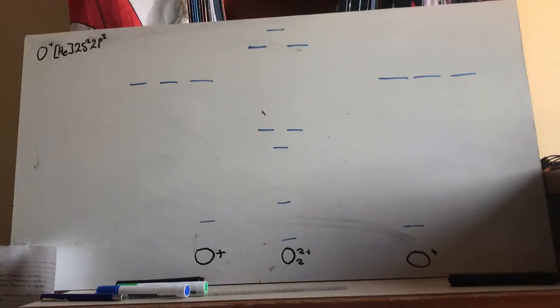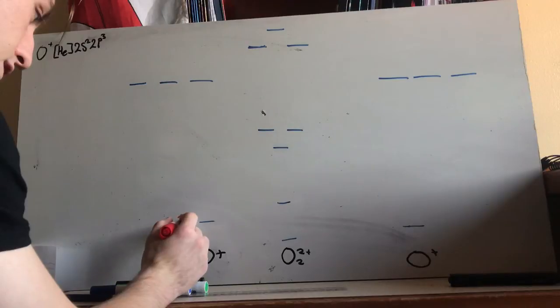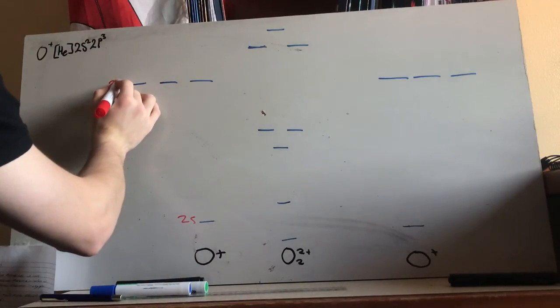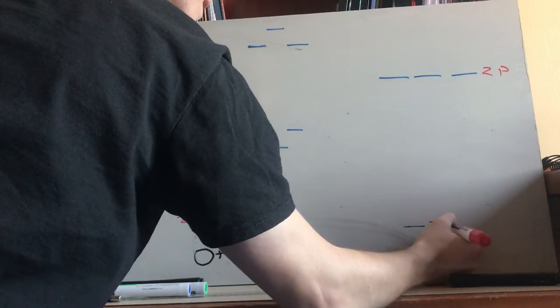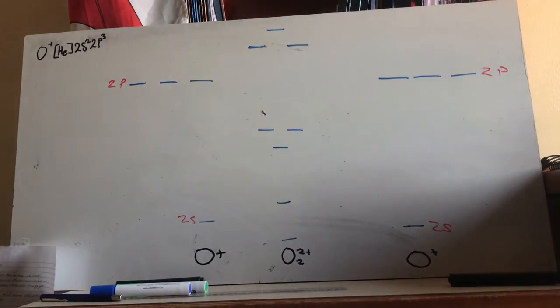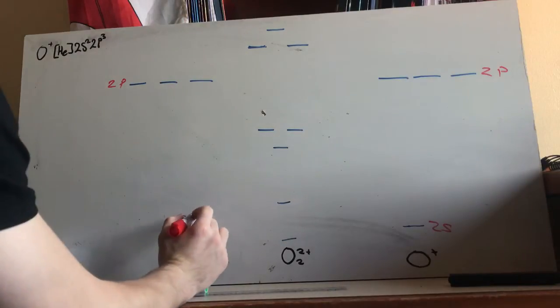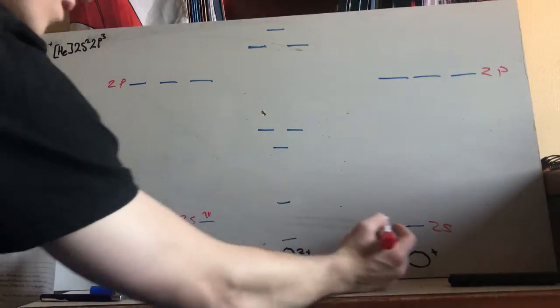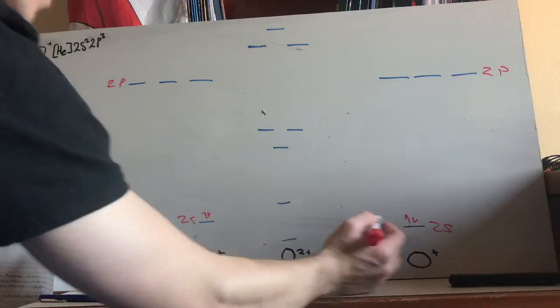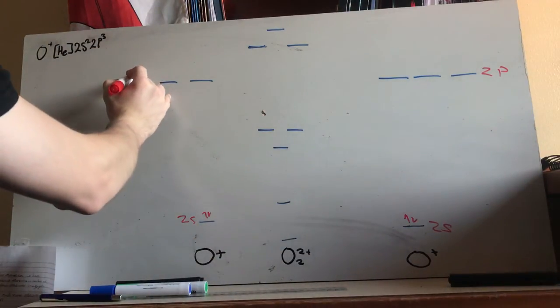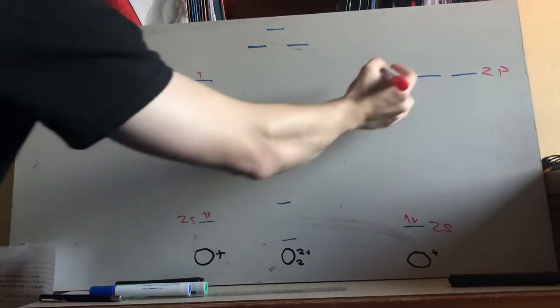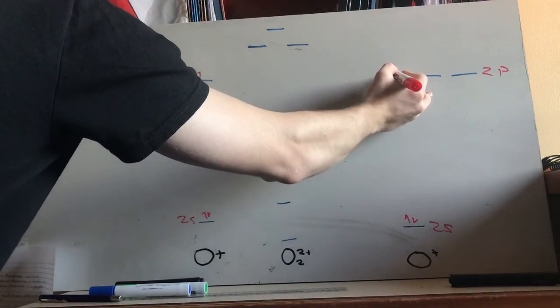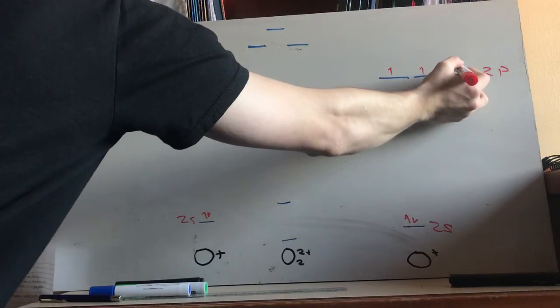Due to O2 2+ being formed of 2 O positive ions, here we have the 2s, and up here the 2p, and the same with the 2p here and the 2s here. Now we have 2 electrons in the 2s, so we have 1, 2, 1, 2, and we have 3 in each of the 2p's, 1, 2, 3, all unpaired, because Hund's rule says that they must be unpaired and run parallel before they pair up.